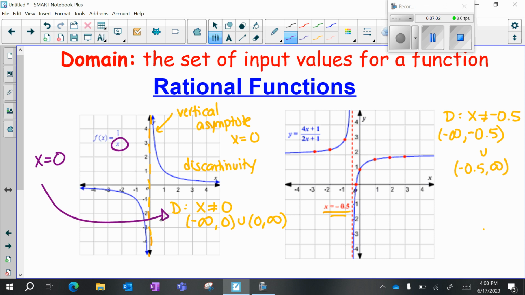My domain is x cannot equal 0, or all real numbers except x equals 0, because that could be given to you in words. Over here, I take my denominator, 2x plus 1, set it equal to 0, and I have to solve.